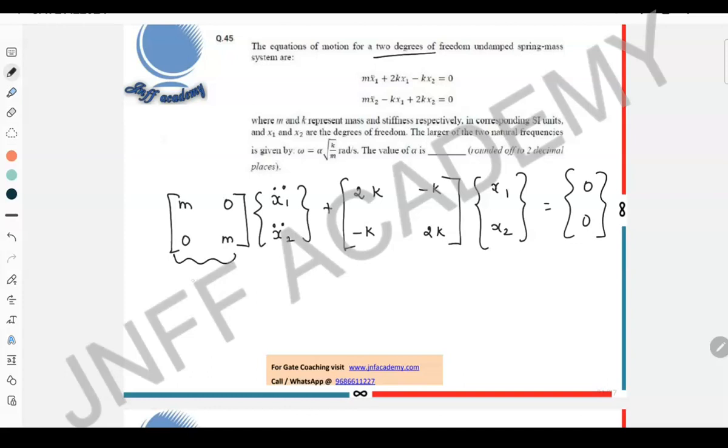This is your mass matrix, this is your stiffness matrix.